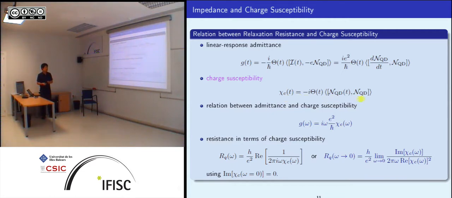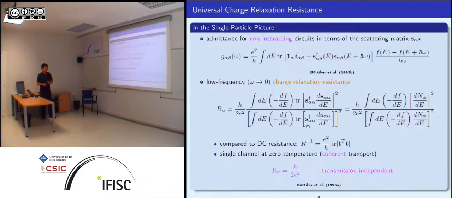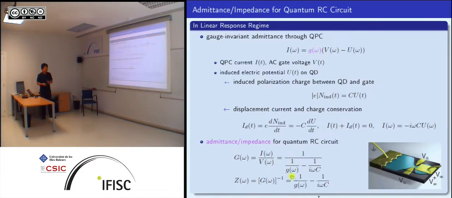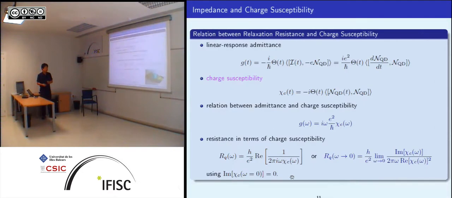The difference between the two forms is that the admittance has the time derivative here, so in the frequency domain we have the omega here. By inserting this formula into here and taking the real part, we can get the formula for the resistance. In the limit where the frequency is 0, we have this formula.